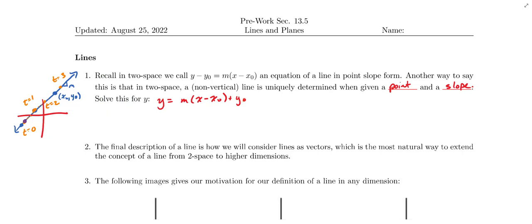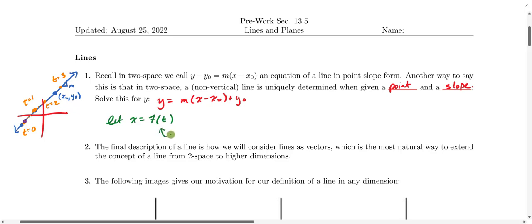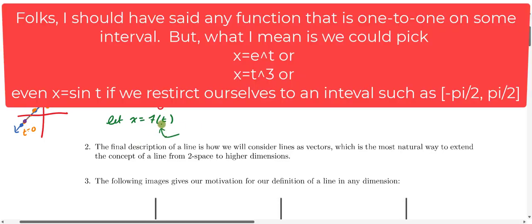Now what we do in a parameterization is let x equal some function of t. When you do parameterization, a lot of times students have a hard time with this. You can pick any function of t here for our independent variable x.